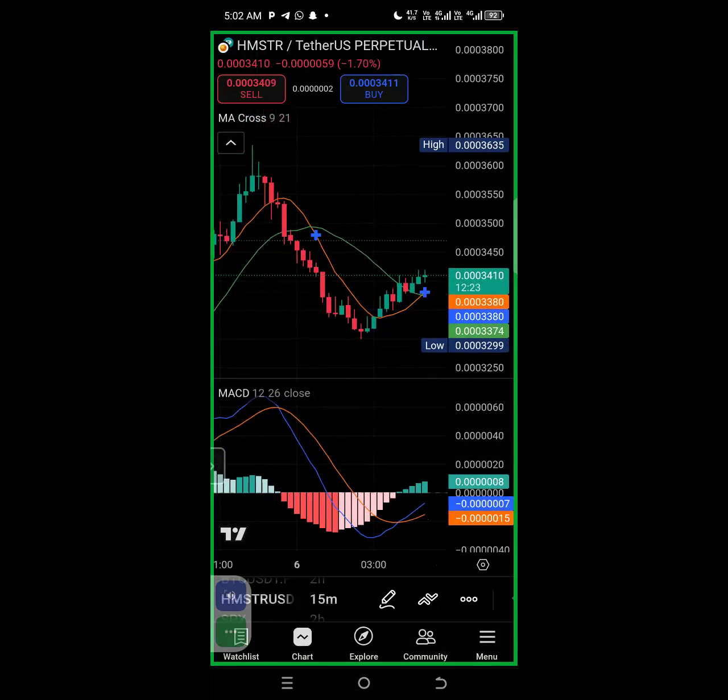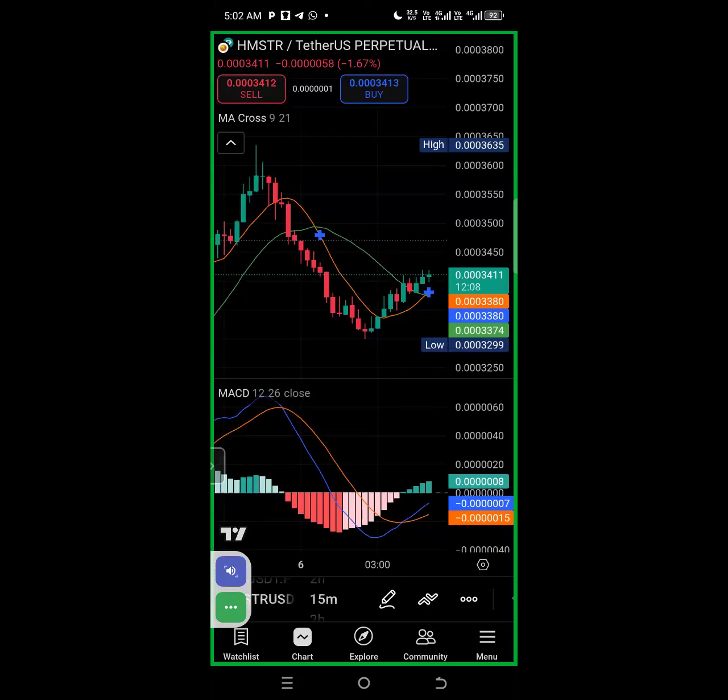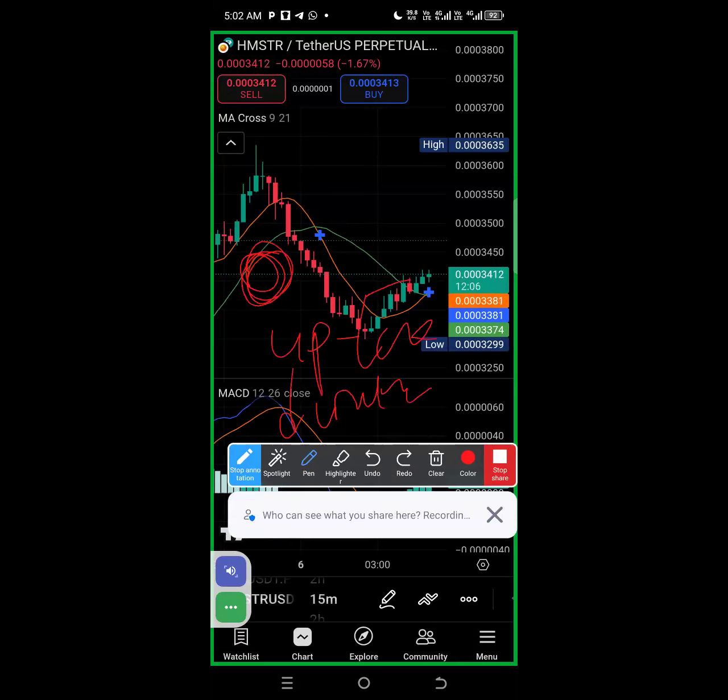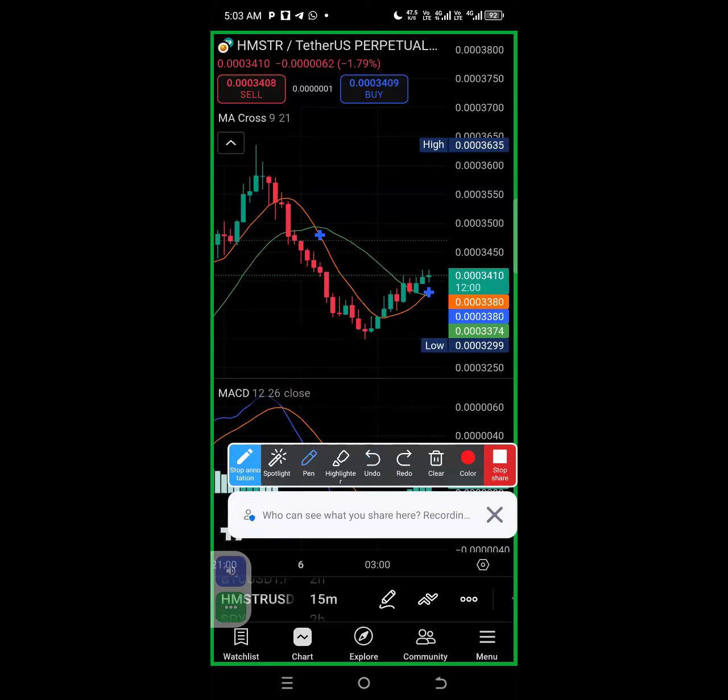All right, so is it uptrend or downtrend? Now let's check it out. This is the crossover, where the crossover happened. So we are asking, is it uptrend or downtrend?